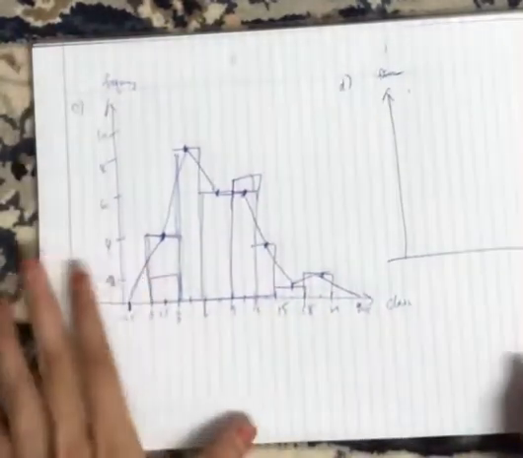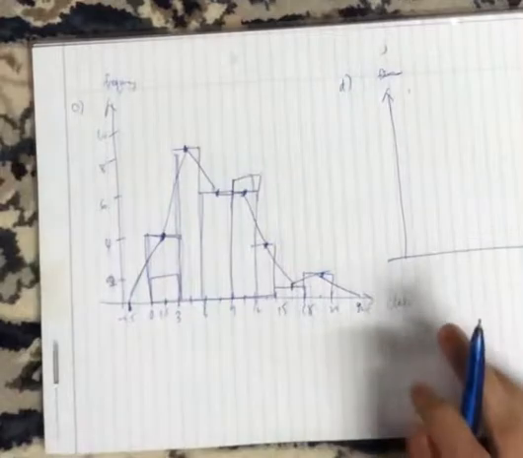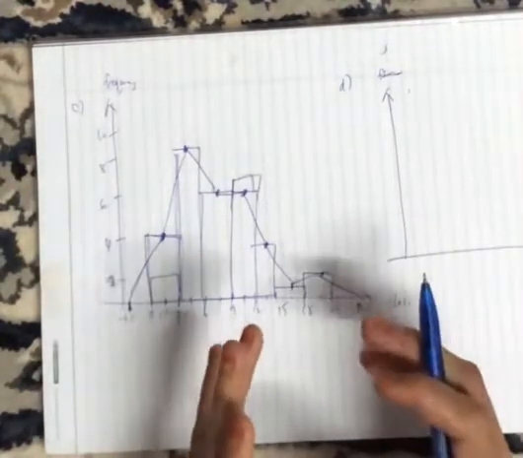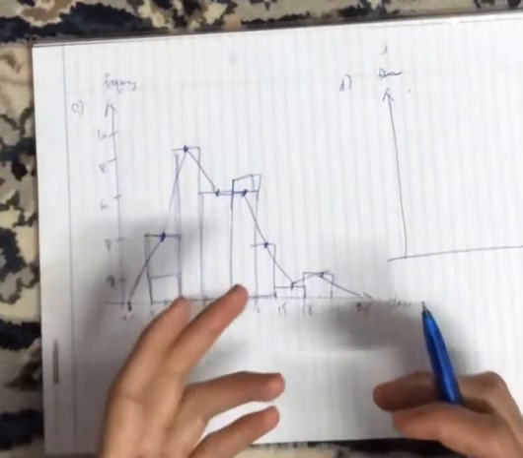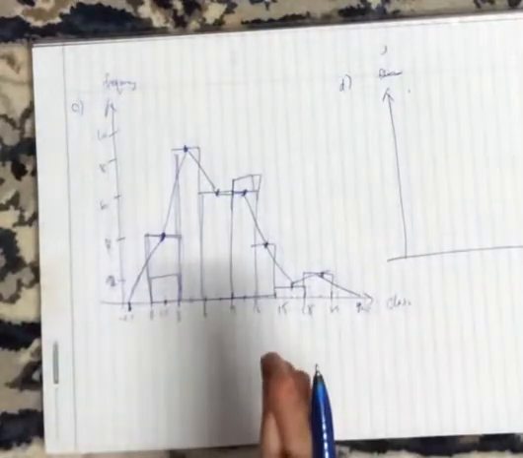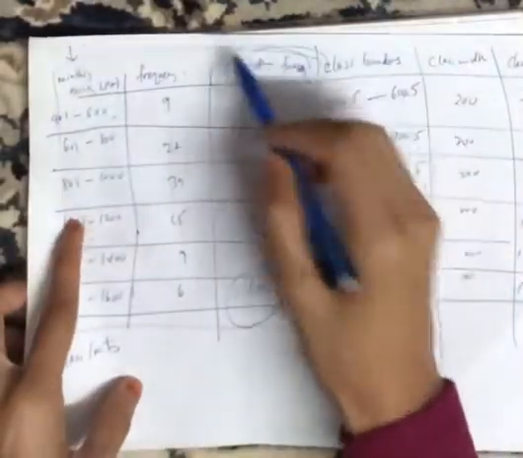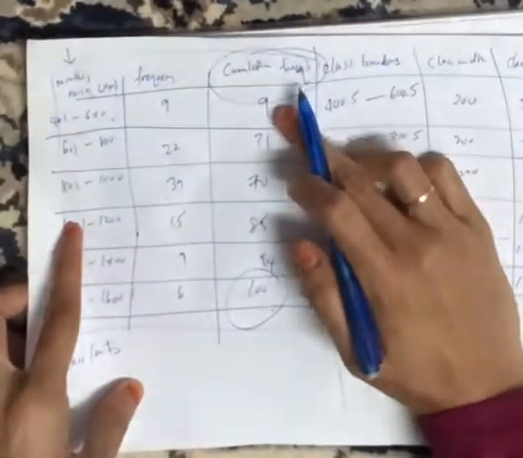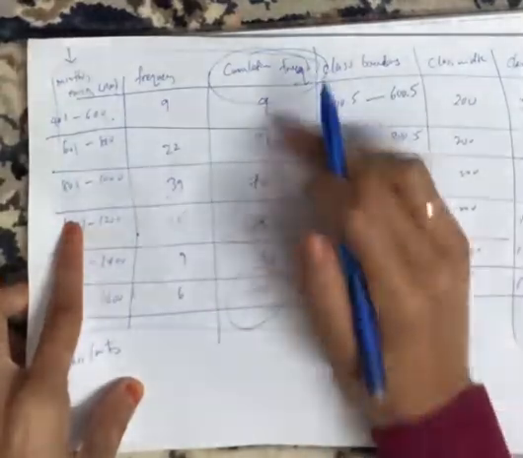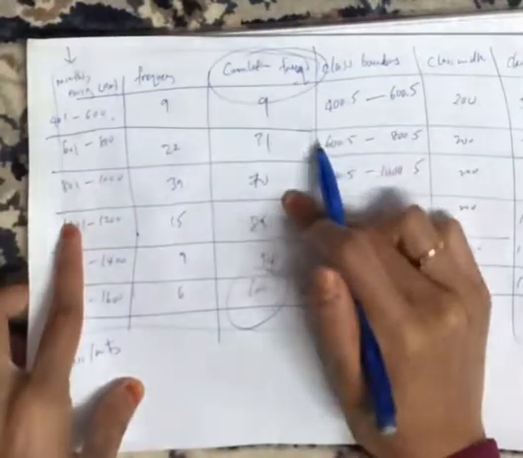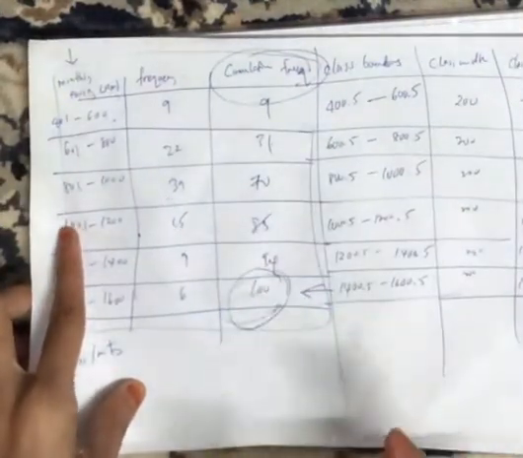For ogive, the graph must always be increasing. Dia mesti akan sentiasa menaik. Because ogive is related to the cumulative frequency, where you can see that each number is increasing, 9, 31, 70, 85, until you reach the total number.